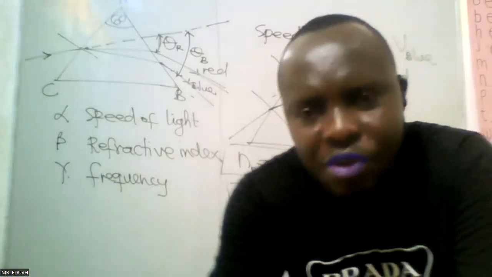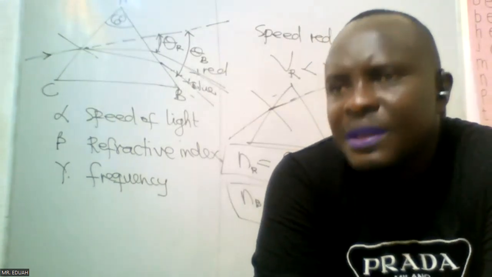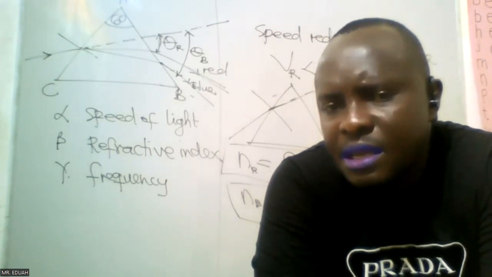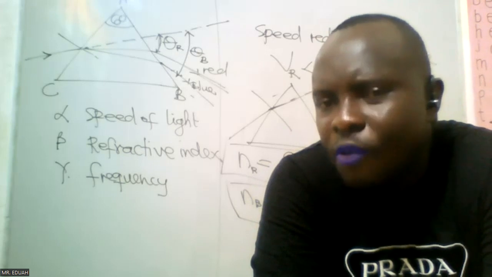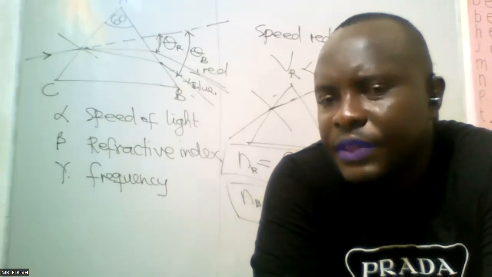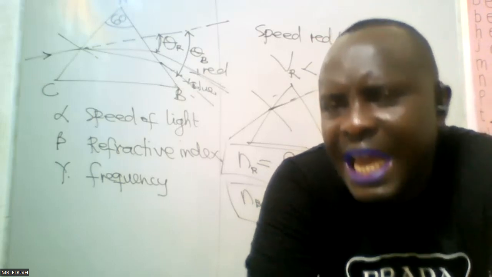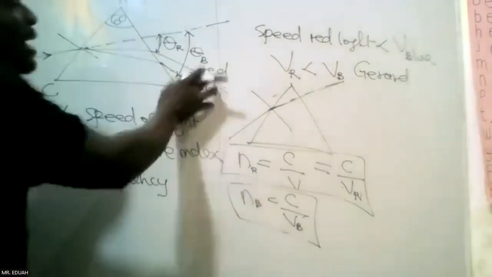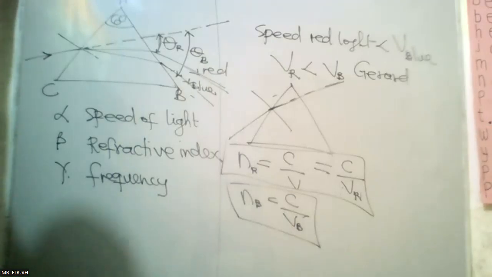The refractive index of glass is 1.5, which means glass can deviate light 1.5 times that can be done by air. The refractive index of water is 1.33, meaning water can deviate light 1.33 times that can be done by air. So if the material deviates the path of light so well, it will certainly have a larger refractive index.